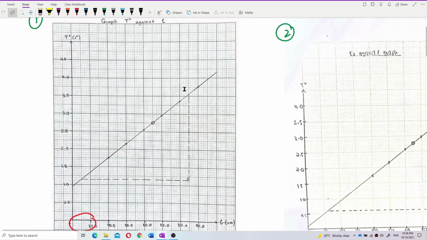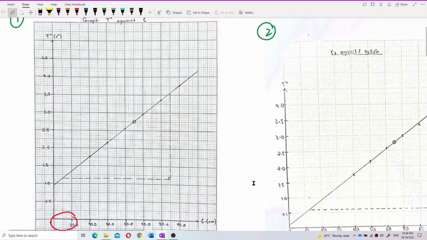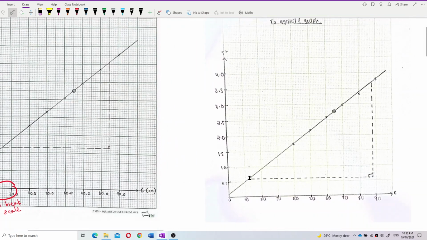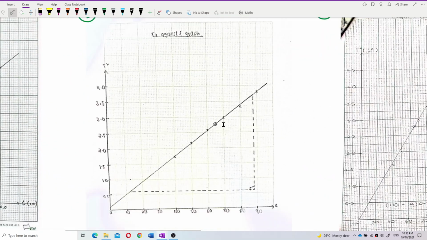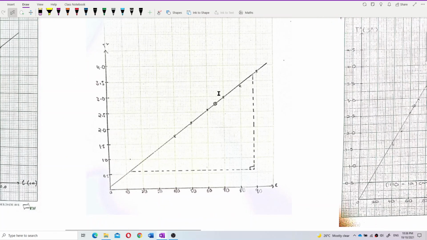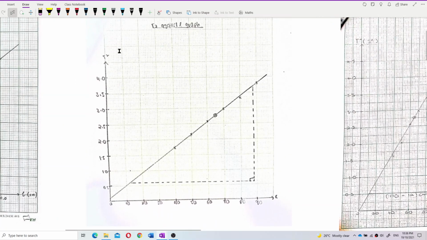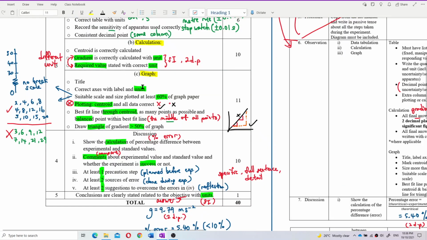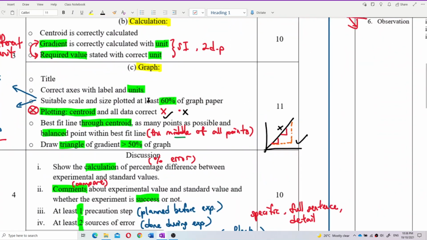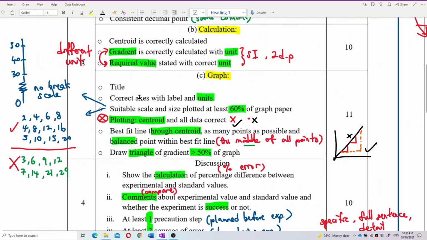Okay, that's the first part. And then the second diagram has no unit. The axis needs to be labeled with units.